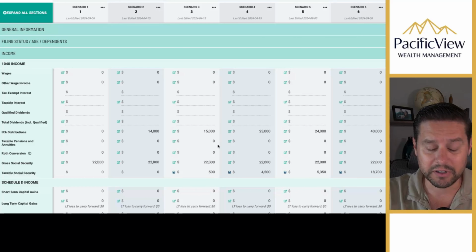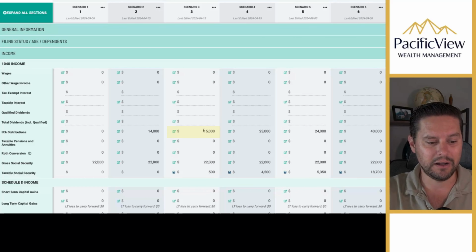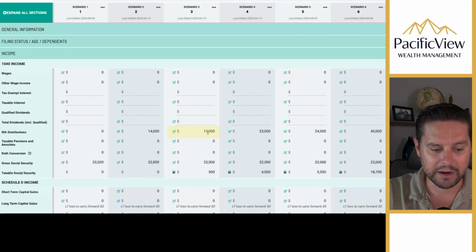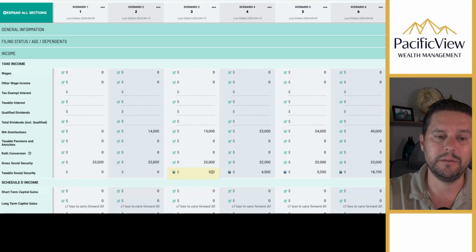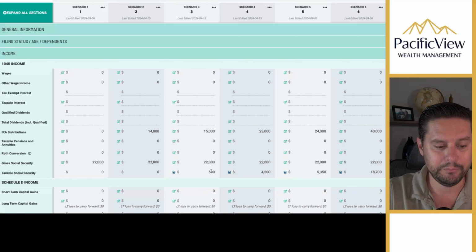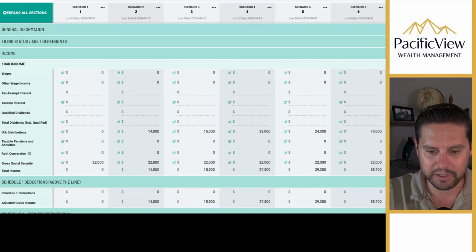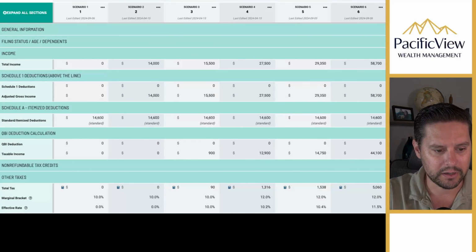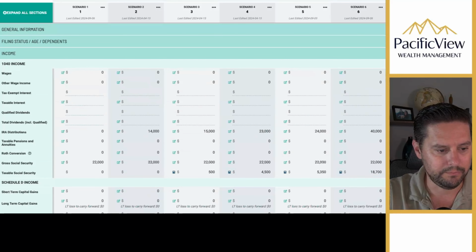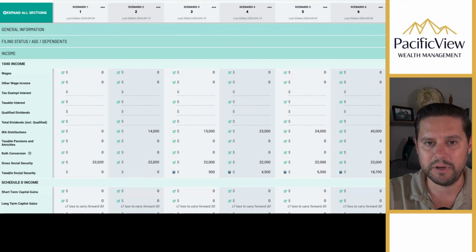So when this person's filling out their 1040 here, they're going to have $15,000 that's going to be from their IRAs, and $500 that's going to be from their Social Security benefits. And you can see that. We can collapse this here. You can see total income from scenario right here. Total income, $15,500 from scenario 3. And in scenario 2, all they had were the IRA distributions, and none of their Social Security benefits were taxed.